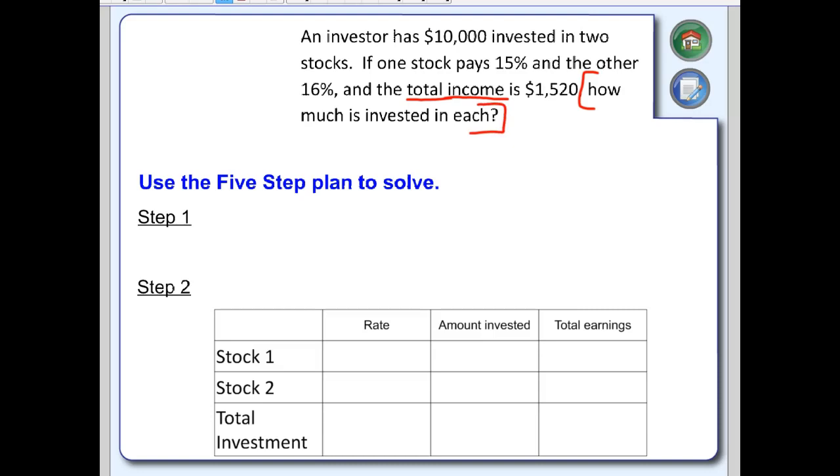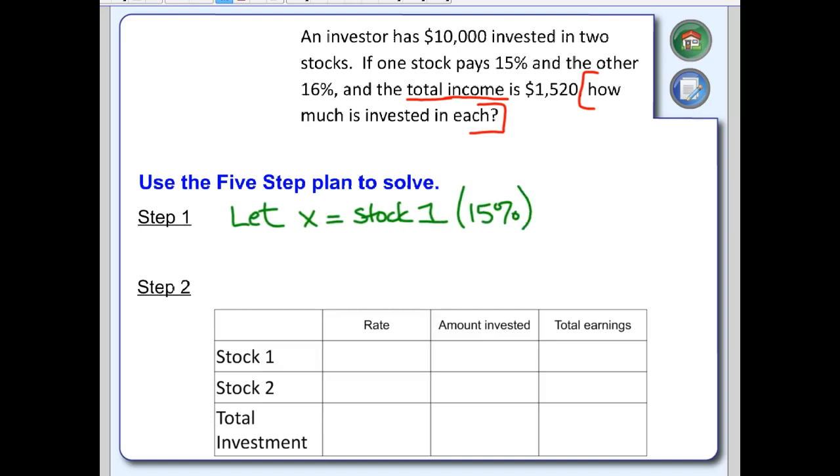If we're trying to figure out how much is invested in each, the first thing I need is my let statements. Well, what did he invest? Yeah, stock 1 and stock 2. So our let statements are going to define our variable. I'm going to let x equal stock 1. I told you I just go in order with what was listed. I'm going to remind myself that guy was at 15%.